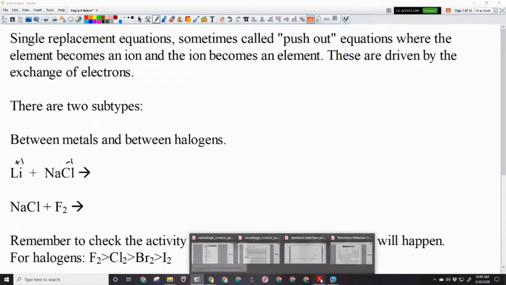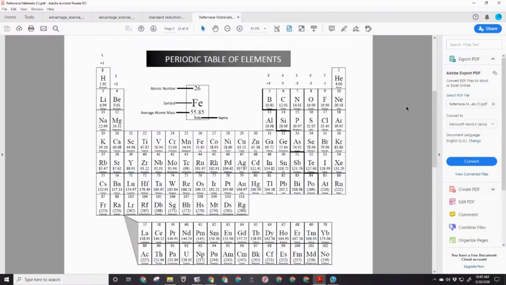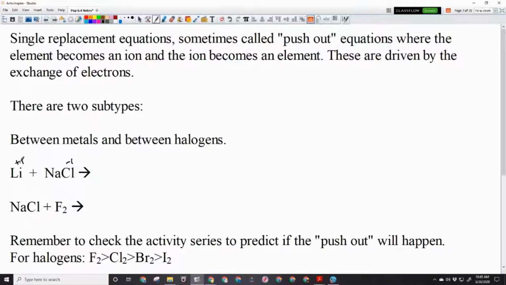So if we go back here, we're looking for lithium and sodium on our activity series. Lithium is at the top here, and sodium is here. So lithium is stronger. So lithium is going to push out sodium. So we're going to get lithium chloride plus sodium. And this is the type that we've been talking about where we have metals.